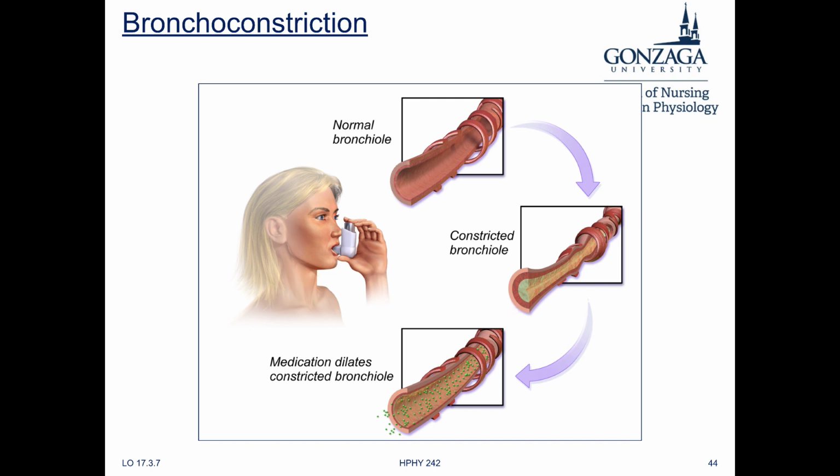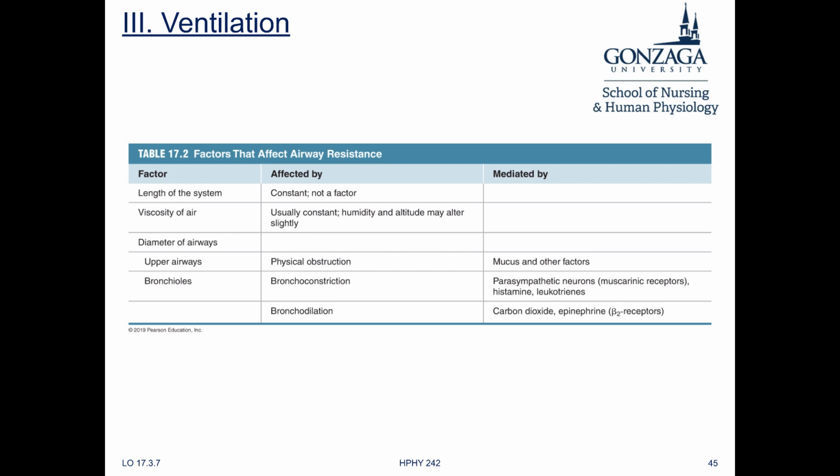And in this situation, this person is taking medication. This is common for asthmatics, people with allergies. This medication dilates the constricted bronchiole and promotes airflow. Okay, so here are factors. It's a table summary of factors that affect airway resistance.